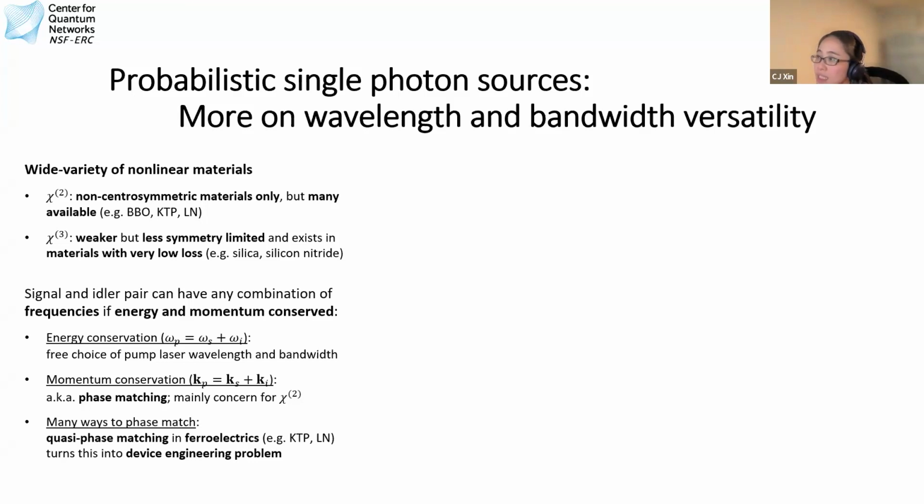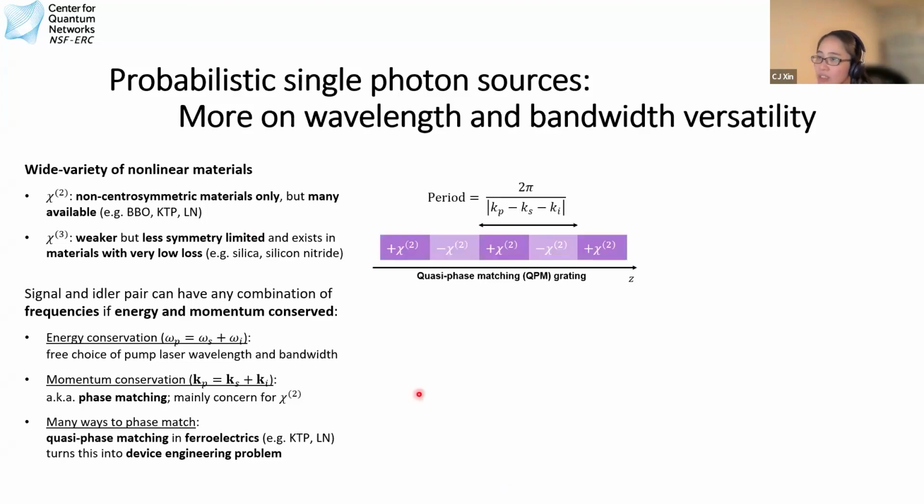What quasi-phase matching is, is that you take a material, and then you apply a strong electric field in one direction that's opposite to the spontaneous polarization of the material. And then periodically, you flip your crystal orientation. And what that does, in a non-centrosymmetric crystal, for the relevant second-order nonlinear coefficient component, is that the sign of it flips periodically.